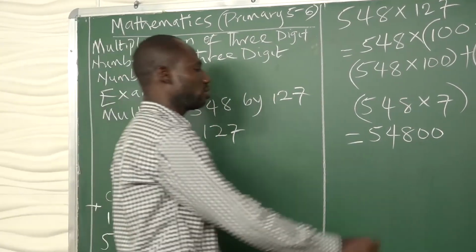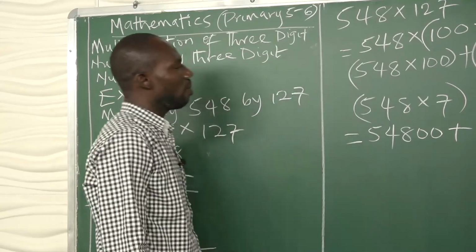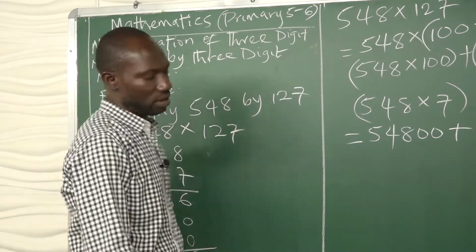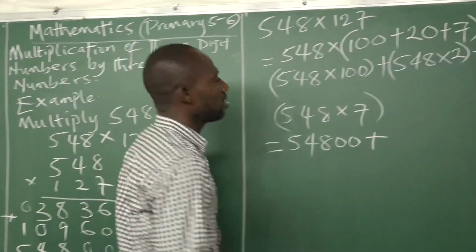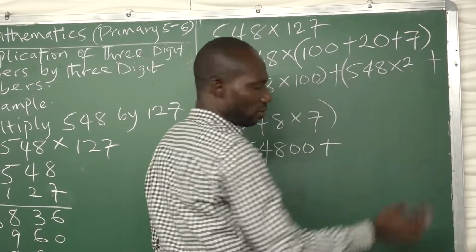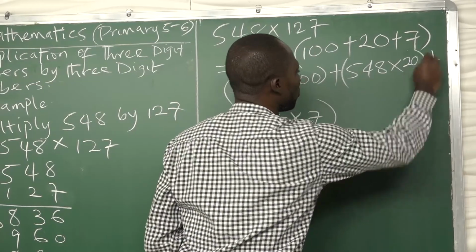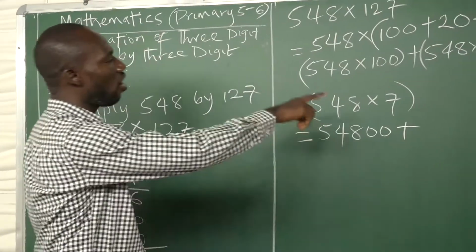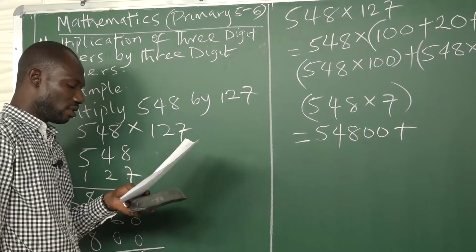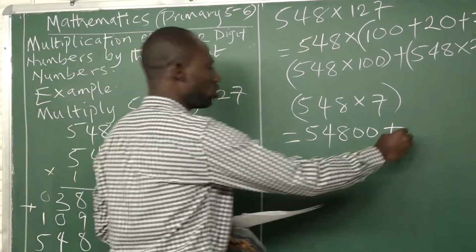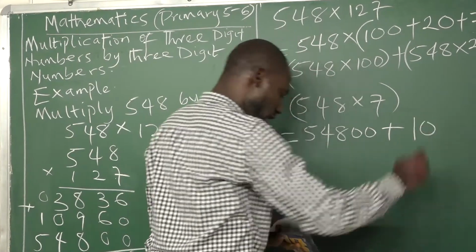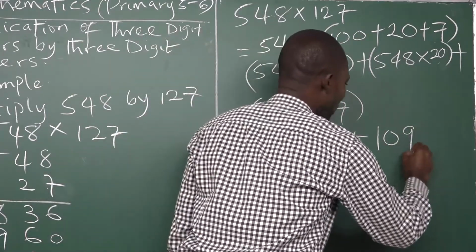54,800 plus the next number will be to multiply, sorry, here is 20, not 2, please. We had 20 there. That is 548 multiplied by 20. If we do that correctly, it will give you 10,960.